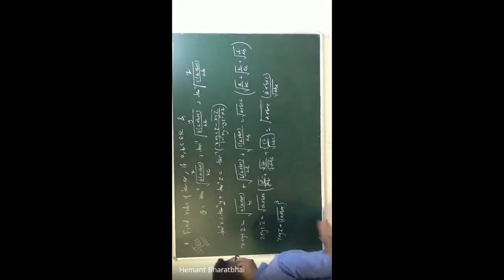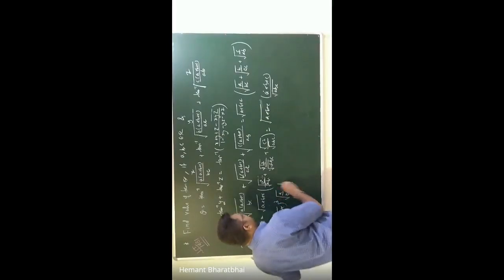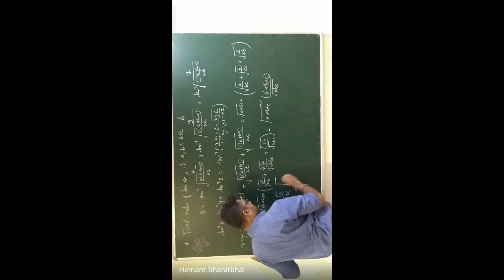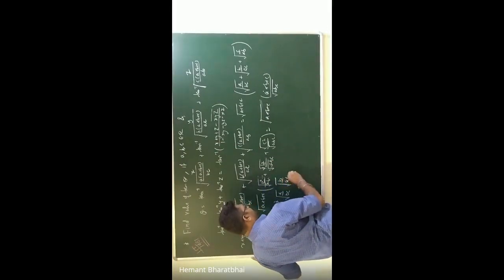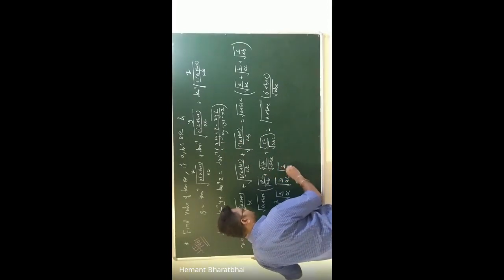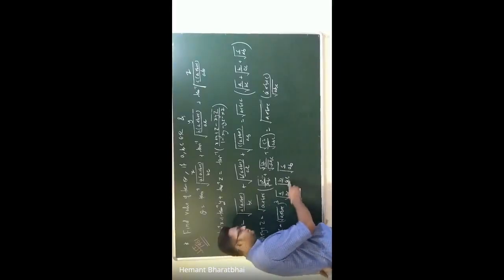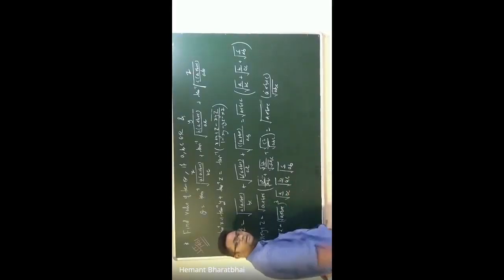And then over here I am going to get under root of a upon bc, from here I will get b upon ac, and from there I will get c upon ab. Again, multiply and divide by a, by b, and by c.